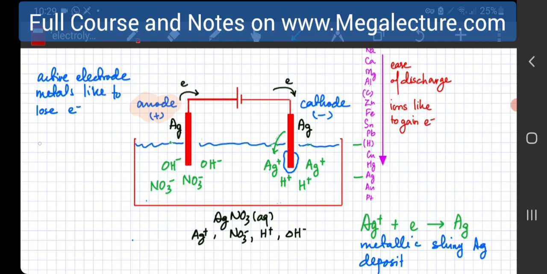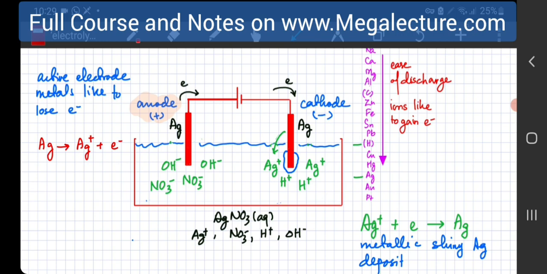So your silver metal over here would lose electrons and turn into silver ions. The battery is going to remove electrons from the silver itself.